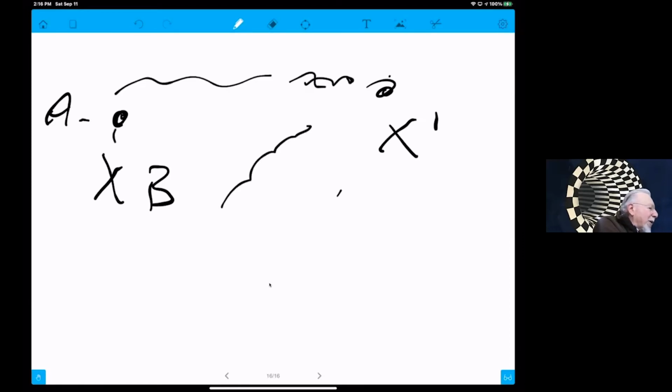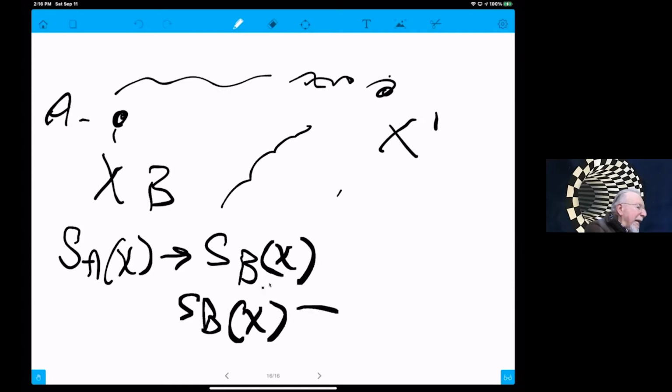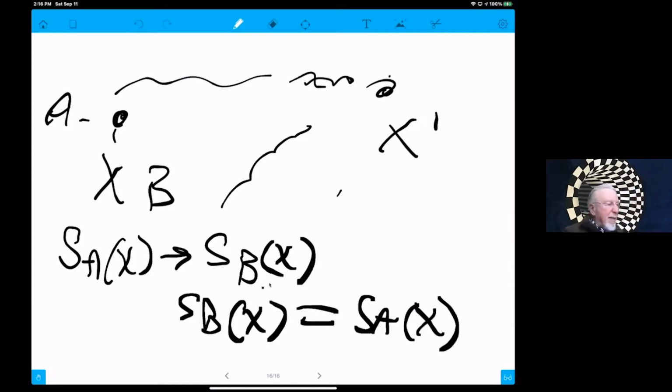Now, I have S of A at X goes to S of B at the same X, but S of B at X equals the numerical value S of A at X. That's what I meant to say. Over here, they're the same. But if they do it over there, it'll be different.